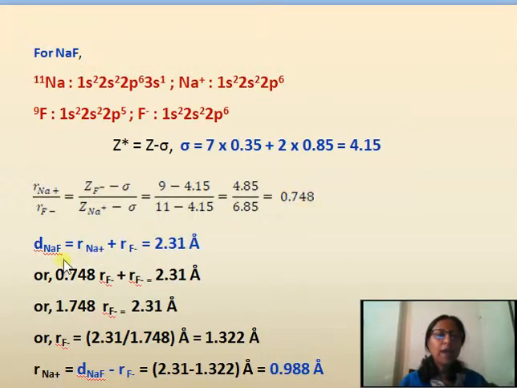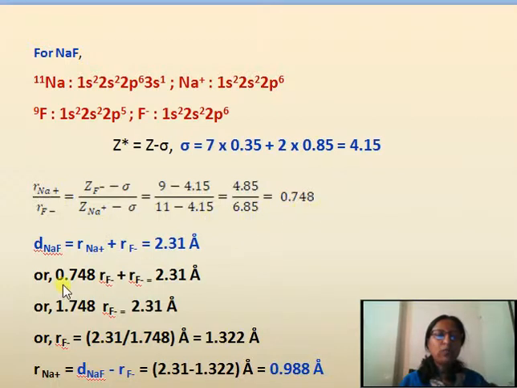Now it is given that D NaF is equal to R Na plus plus R F minus, which is 2.31 angstrom. And R Na plus is equal to 0.748 into R F minus.